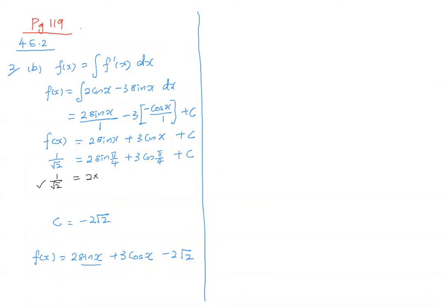When you remember your sin pi/4 and cos pi/4, you can put it in two forms, or 1 over root 2. In this case, I will put it as 1 over root 2, because my left hand side is 1 over root 2 also.